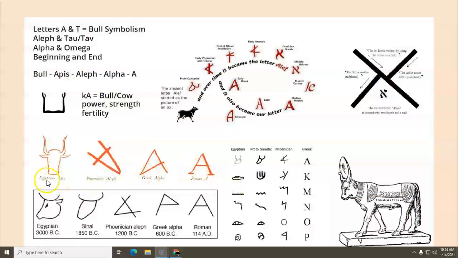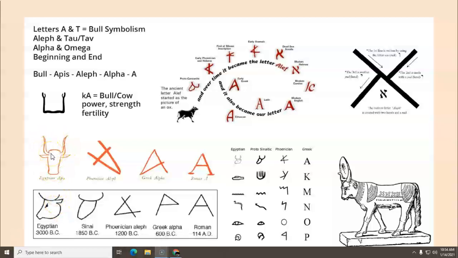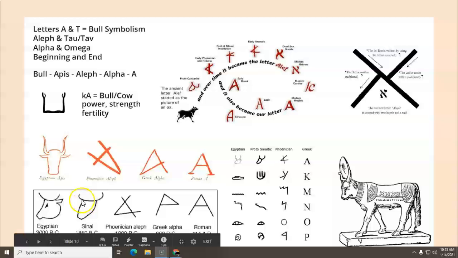And let's look down here where it shows how it evolved from Egyptians and hieroglyphics, where the cow, instead of drawing the whole cow, they focused on the head of the cow, which the most important parts are the horns, the ears, and the head itself. And then that was further simplified to just the oval or triangular shape.